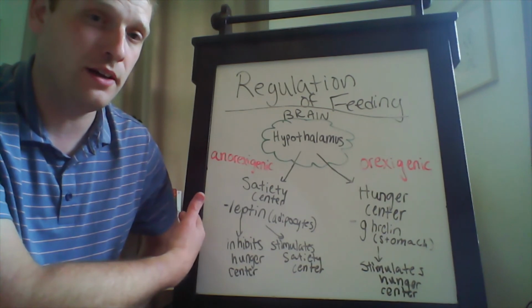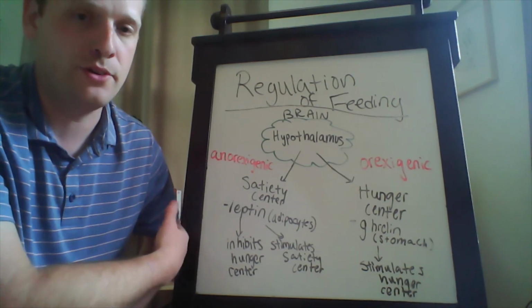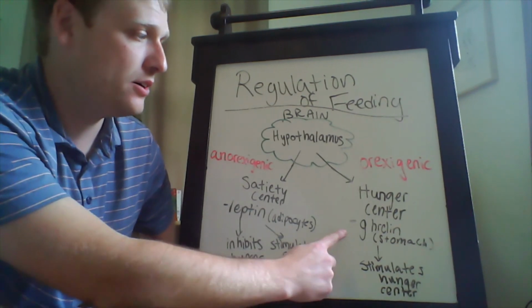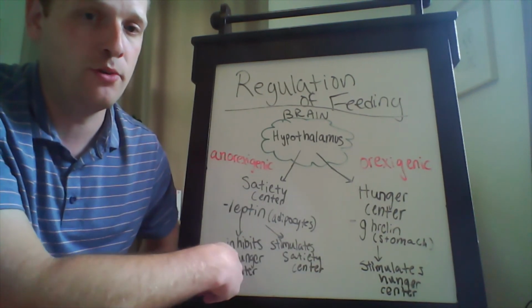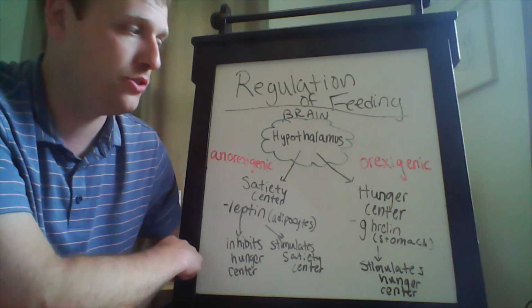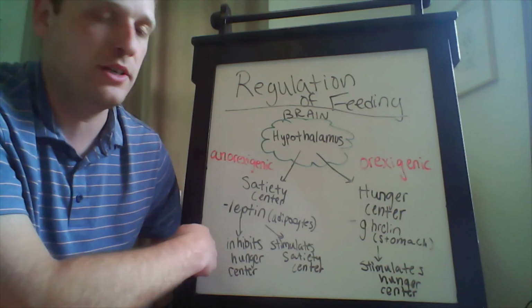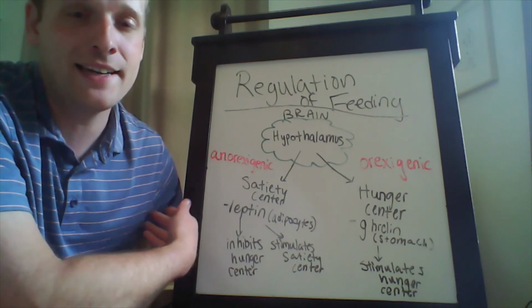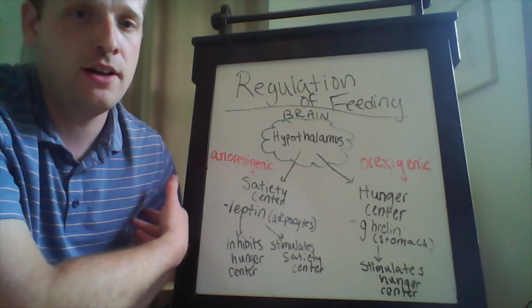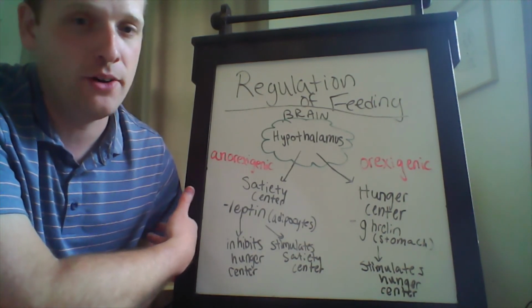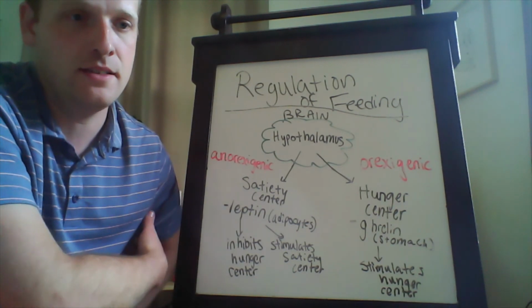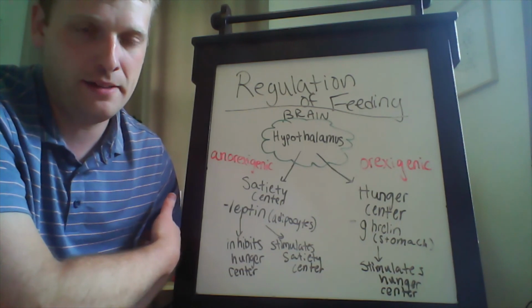And this will be what's occurring directly after a meal. Whereas the hunger center, which is stimulated by the hormone ghrelin produced in your stomach, when those hunger center neurons are active, is going to make you feel hungry. So you're more likely to go out and seek out that meal that your body has deemed is biologically necessary.